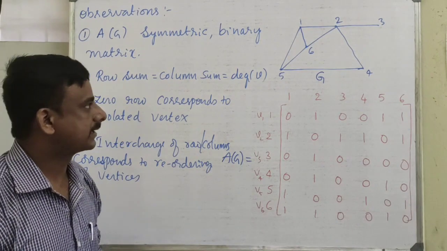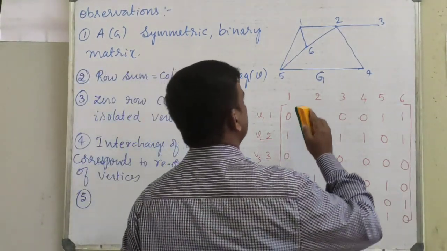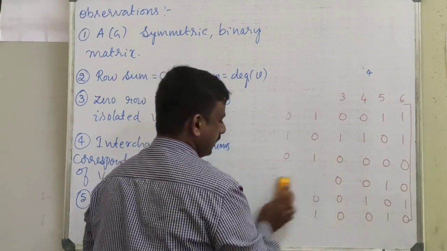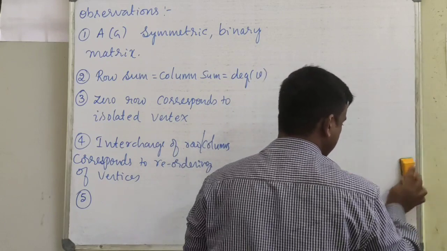Suppose you have a disconnected graph. Let us take a disconnected graph. Let us see how the adjacency matrix of a disconnected graph looks. Let us take a simple example.